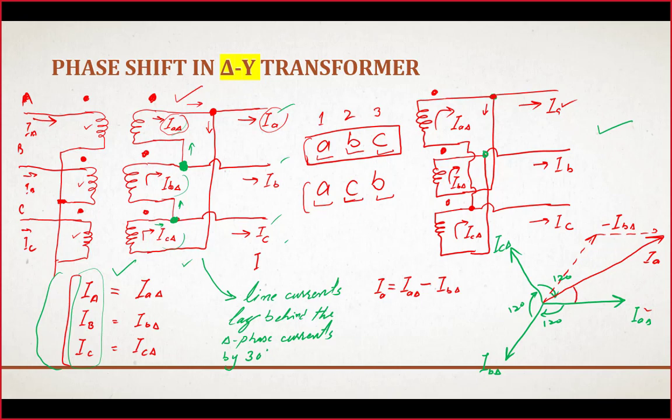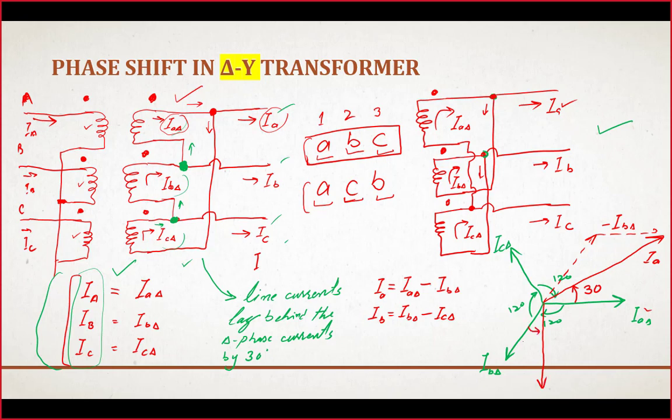And if we look at the phase difference between them, here the line current is leading the corresponding phase current by 30 degrees, and that would be true for the second phase B, that is IB delta minus IC delta. From this node, the downward current is traced back to the third phase IC, so if we draw that, the phasor will be in this direction.